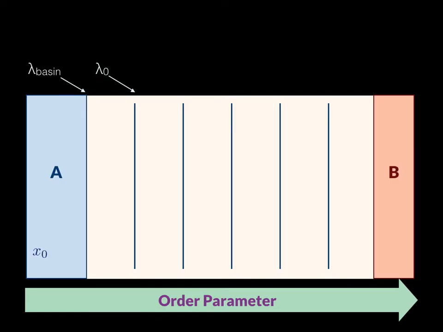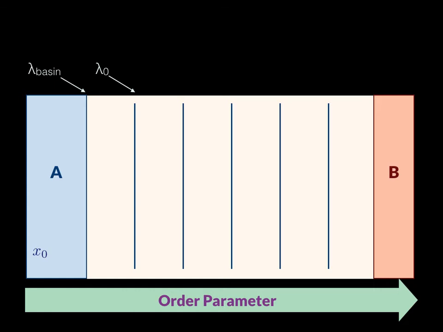After fixing the order parameter, we use forward flux sampling to determine the transition rate of going from A to B, which are the states we specified in the transitions. And this transition rate is determined by recursively calculating the trajectories that start from our starting basin and reach each of the milestones, which are level sets of the order parameter.